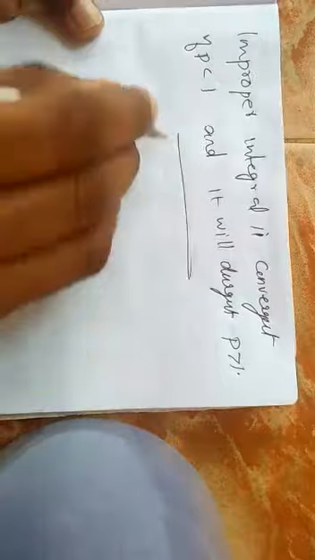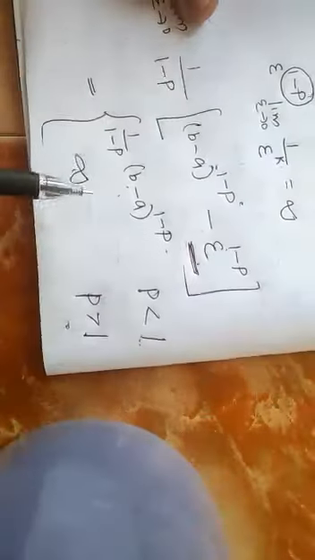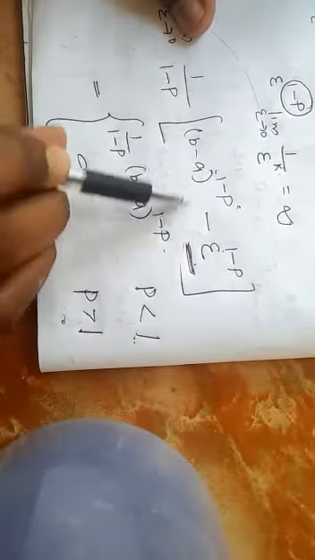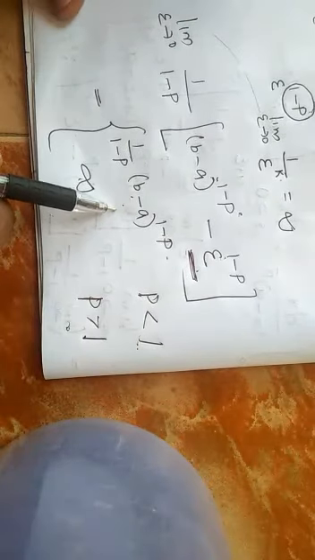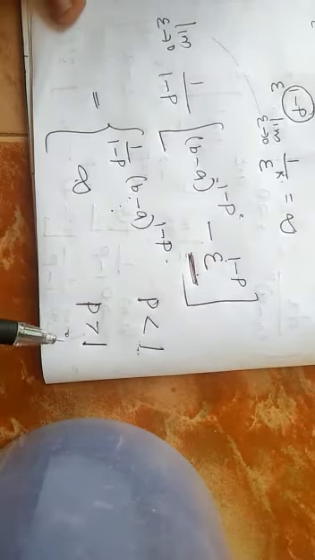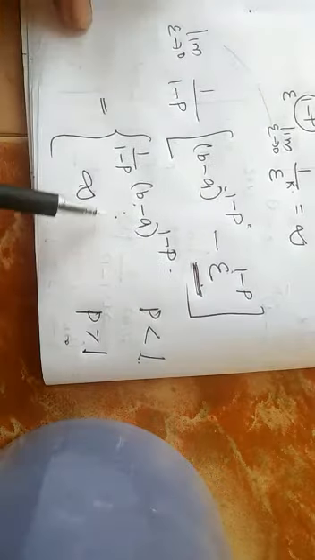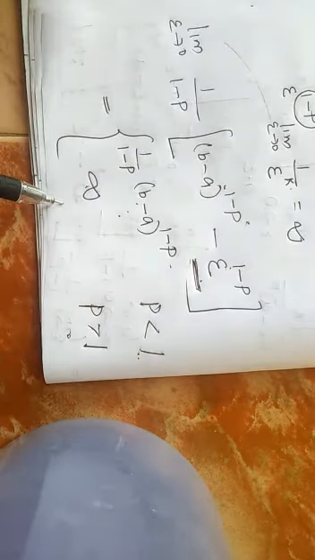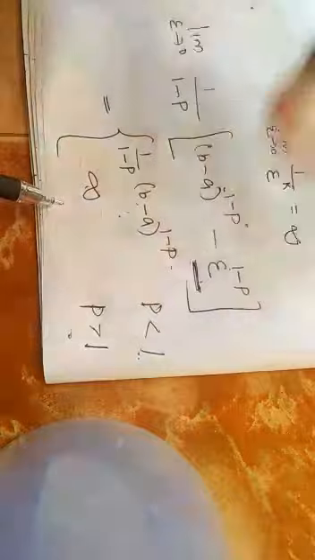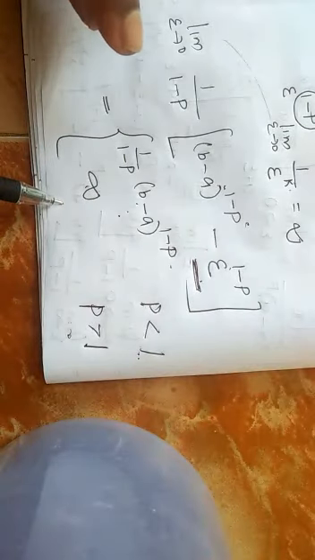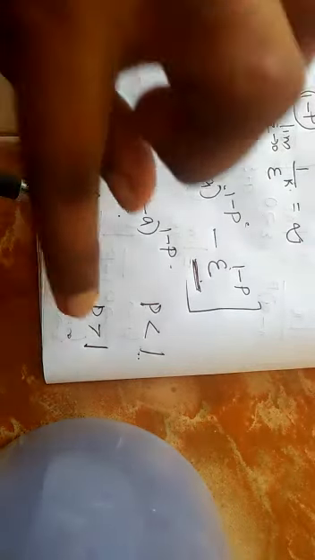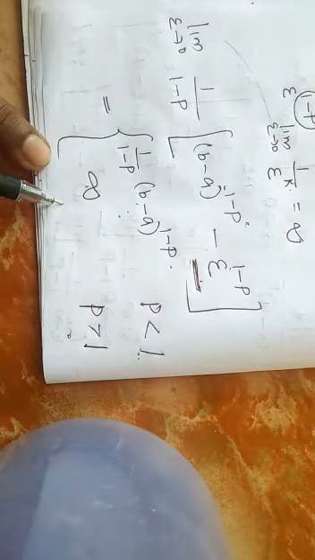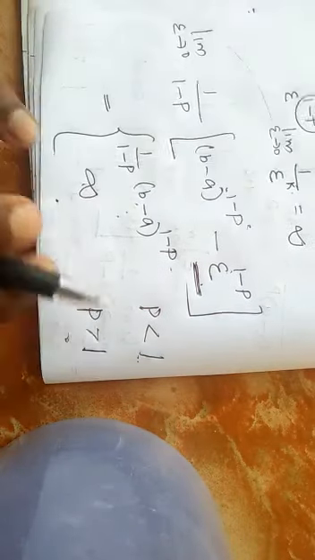So for p less than 1 we get a finite limit value, and for p greater than 1 the limit value becomes infinity. So we conclude that for p less than 1 this integral is convergent, and for p greater than 1 this improper integral is divergent.